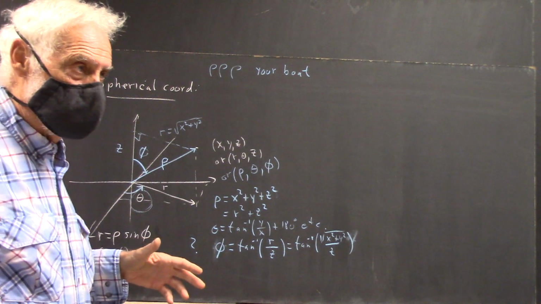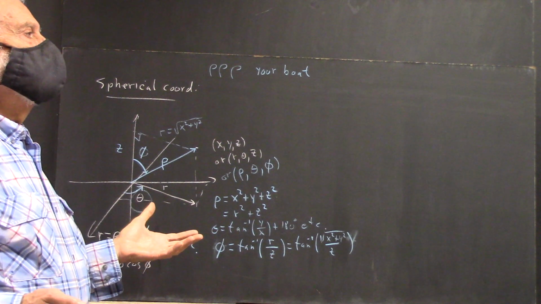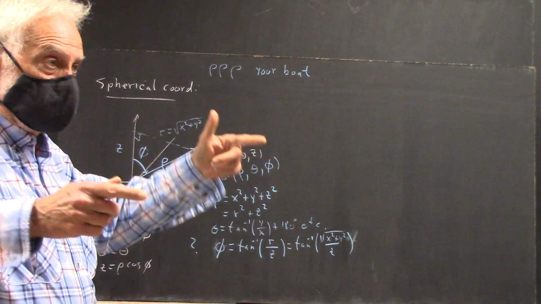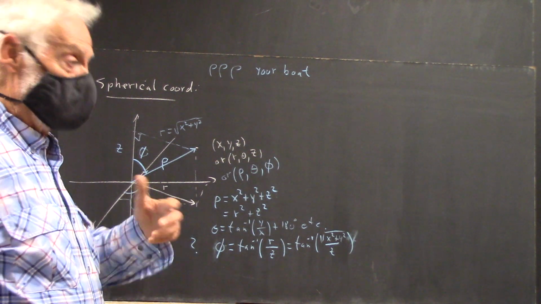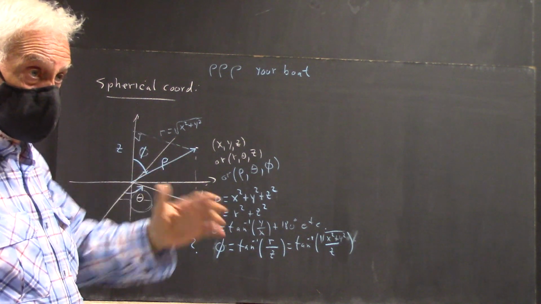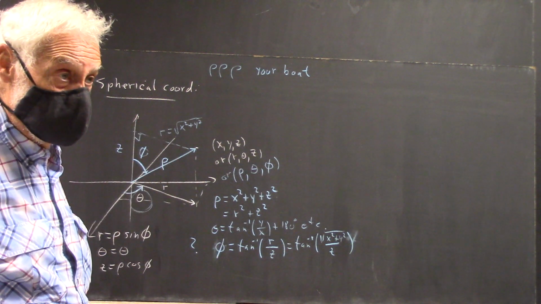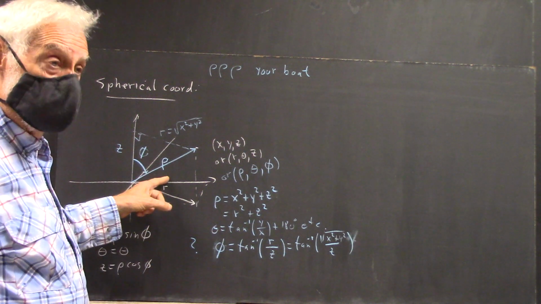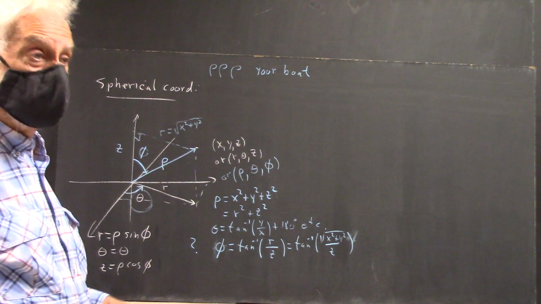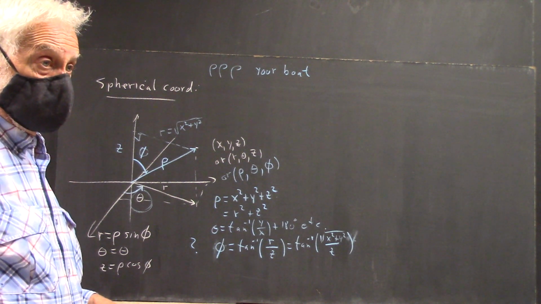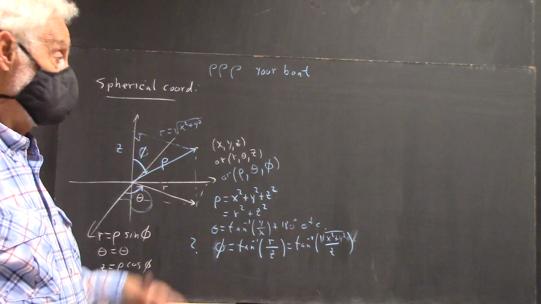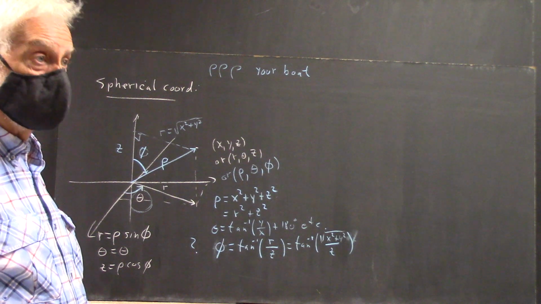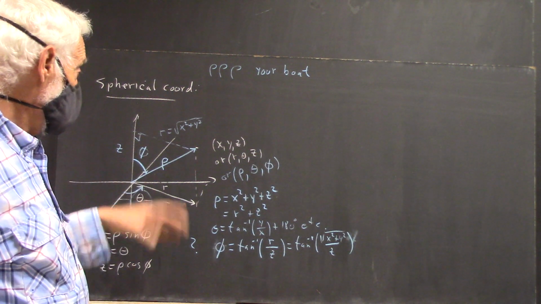Okay, so in rectangular coordinates, it's easy to define rectangular parallelepipeds, rectangular solids, okay? X has constant bounds, Y has constant bounds, and Z has constant bounds, okay? It's really hard to do a rectangular shape in spherical coordinates, okay? Now, I just naturally worked out how to do it when I took this course, because I had enough time that semester, which is one reason I did pretty well in this course.